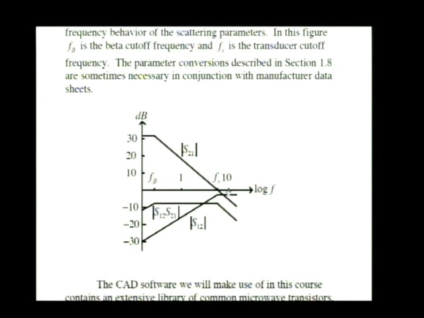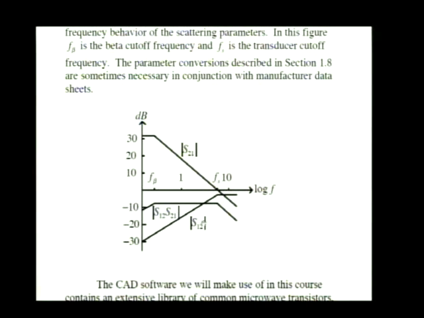S12, the reverse gain, is typically very small, but it increases as frequency increases, usually leveling off somewhere around the transducer cutoff frequency.